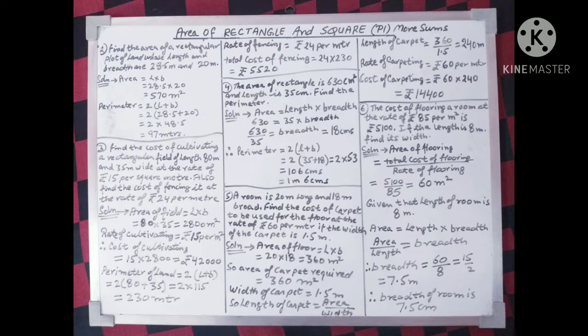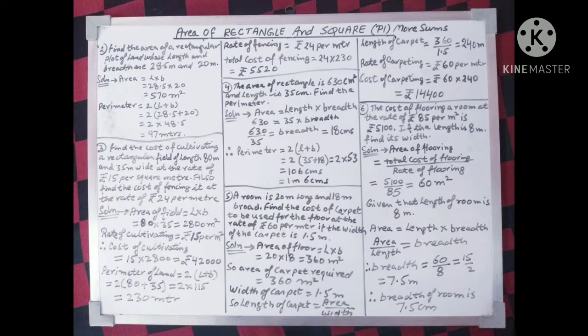Question number 3. Find the cost of cultivating a rectangular field 80 meter long and 35 meter wide at the rate of 15 rupees per square meter, and also find the cost of fencing the field at the rate of rupees 24 per meter.